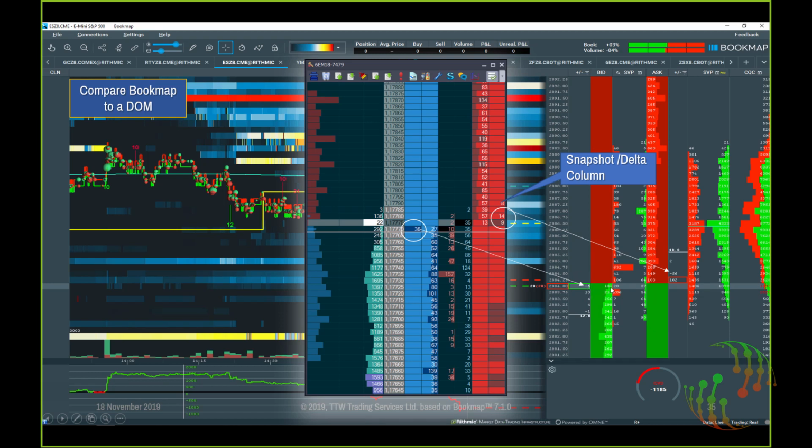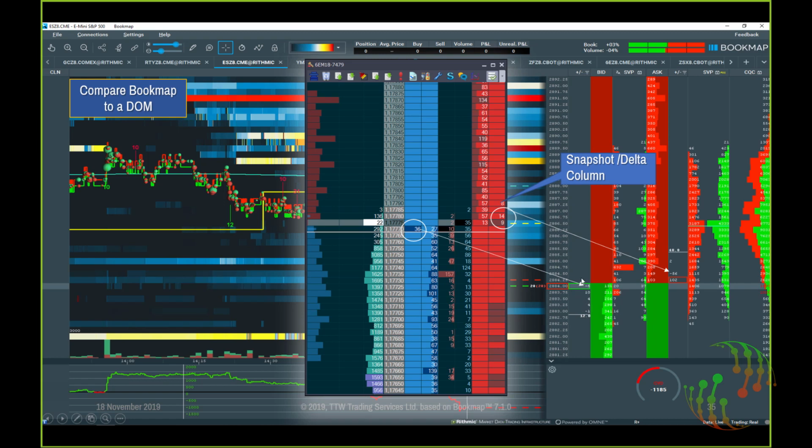Because these numbers change so fast, they are bought and then stacking again. They are refreshed so fast that it's impossible for our eyes to follow these numbers and to see really what is happening.